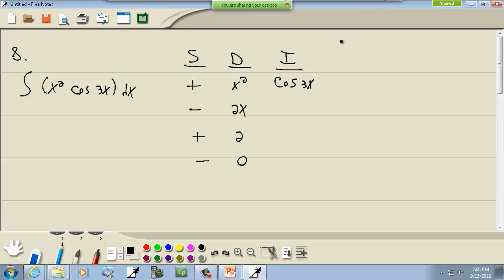Now, if I think about the integral of cosine 3x dx, this would be a u substitution. That would be our u. So u would equal 3x, du would equal 3 dx. So this would become cosine u. But I need a 3 inside, so I'll offset it with a 1/3 out in front.